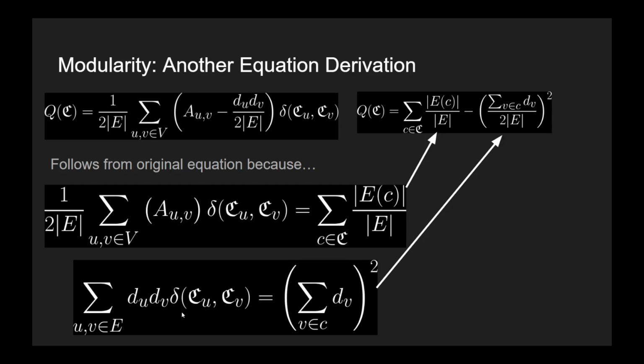So really what's happening here is, for every pair u, v we have degree u times degree v, only if they're in the same community.